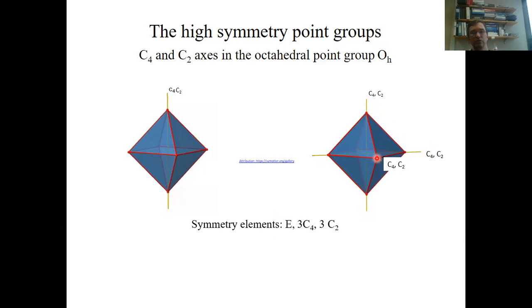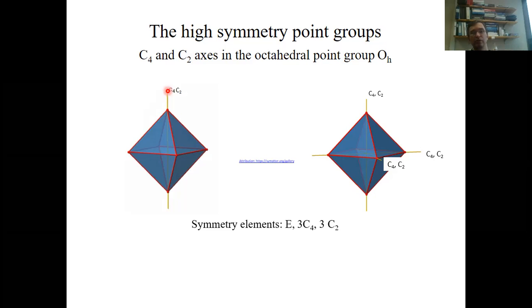Okay, then in addition to these C4 axes, you have also C2 axes, and these C2 axes stand exactly where the C4 axes stand. So I have 3 C2s in addition to the 3 C4s. So how many symmetry operations will result? Well, for the C4 axis, in principle, you have to consider everything between the C4-1 and the C4-4 operation. But the C4-4 operation is the same as the identity, so you do not need to consider it.